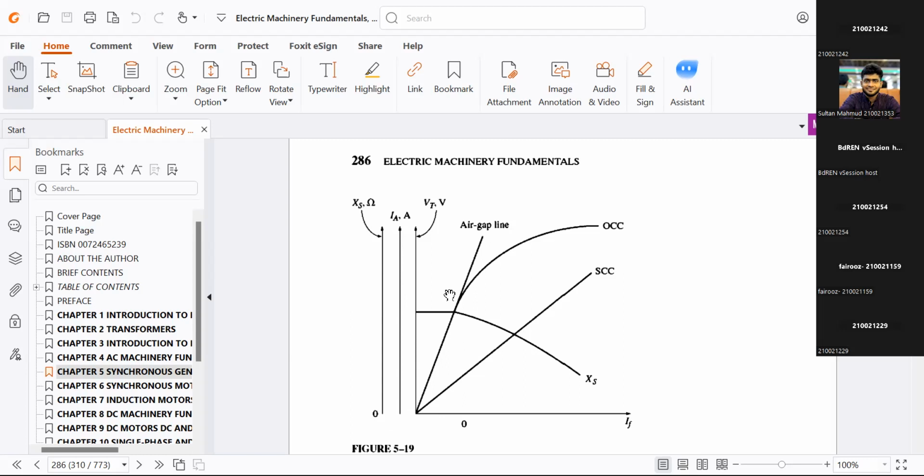One is the unsaturated region from here to here, and the saturated one. In the unsaturated region, wherever you take the ratio, you are getting the constant value. That's why this is a straight line. And in the saturated region, there you are getting something like this, a curve. Let me show you the figure here again. Then things will be more clear.